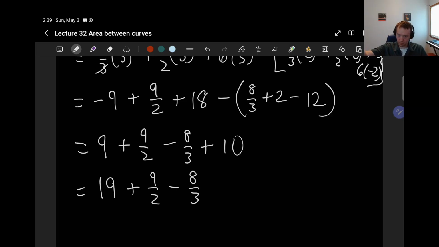Make that some number over 6. So I'm making this something that's all over 6. 19 times 6 is 114. So for this 9 halves, we're multiplying by 3 over 3. 9 times 3 is 27.